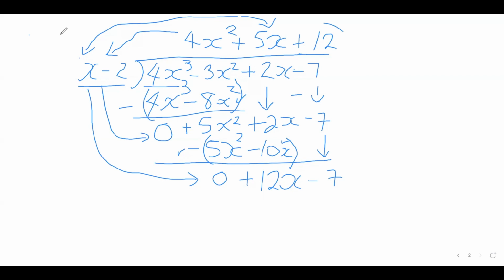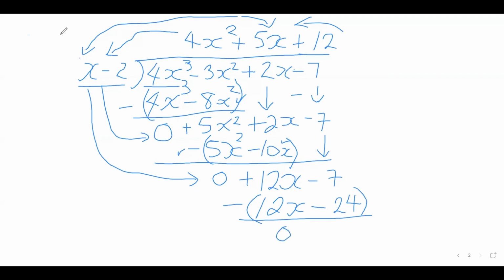Okay, so we're going that way, cross multiplying with the divisor. So we say 12x again. And then we're going to multiply -2 times 12, which is equal to -24. And of course, we're going to subtract all that's in the bracket.